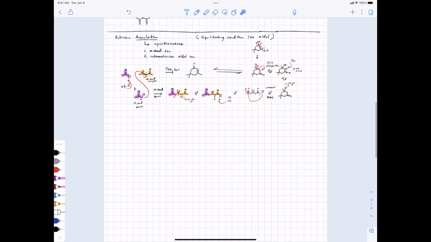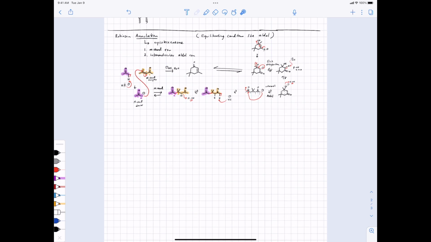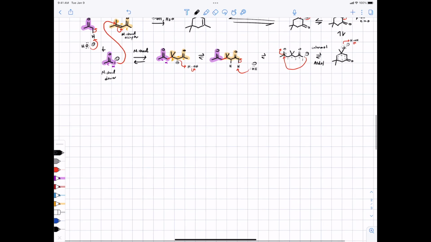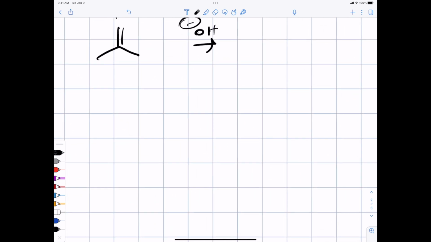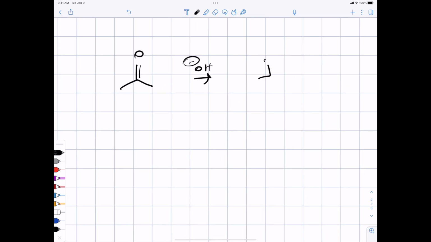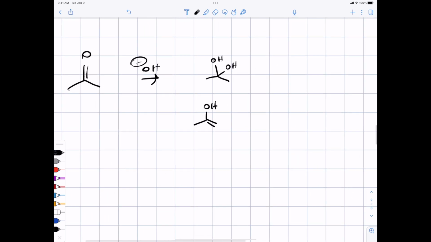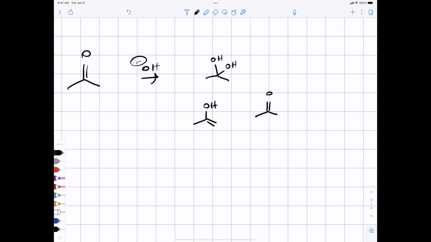That being said, it would seem totally unfair for me to write a question that's like, predict the products of the following reaction. Like, what are you going to do, right? Because it could be the hydrate. It could be the enol. It could be the self-aldol. Oh, but wait, it could also be the other self-aldol product.